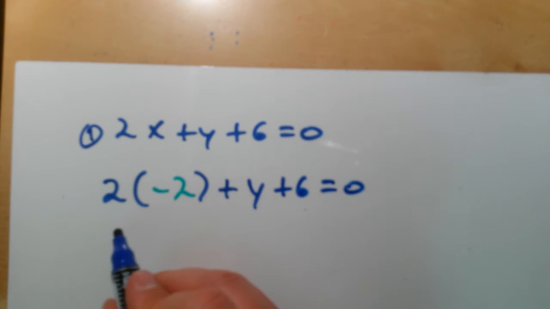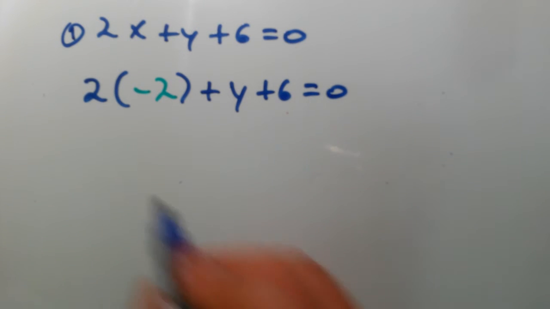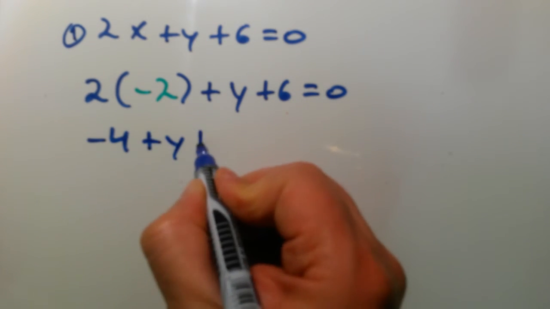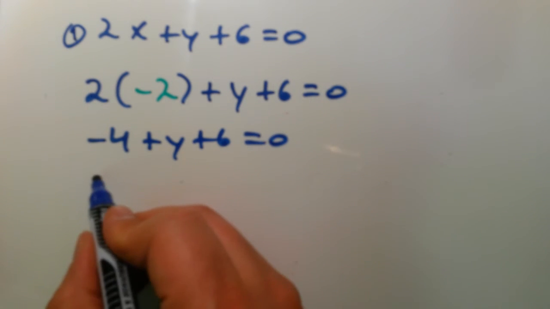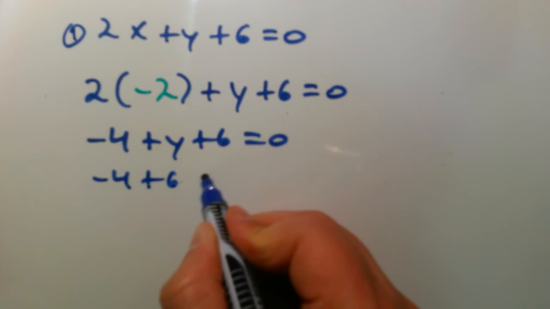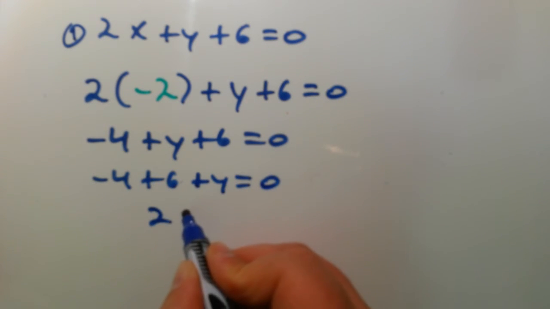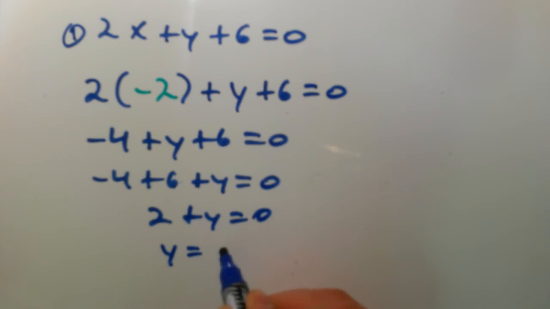Let's collect like terms. This becomes negative 4 plus y plus 6 equals 0. Minus 4 plus 6 gives us positive 2. So we have 2 plus y, and therefore the value of y becomes negative 2 when we solve for y.